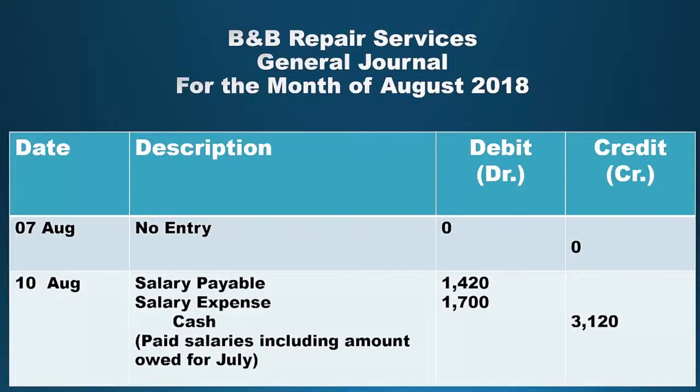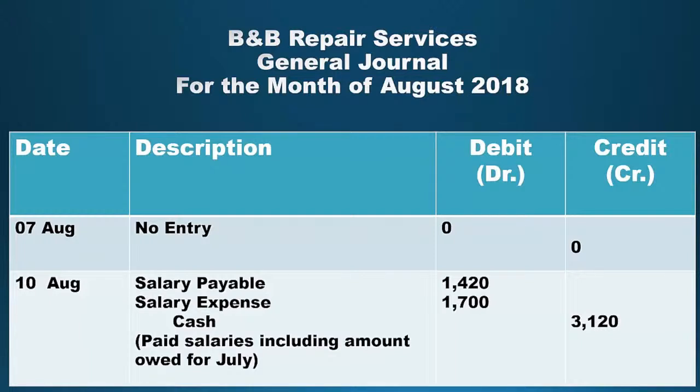The journal entry for this transaction was debit salaries payable, $1,420, debit salaries expense, $1,700, credit cash, $3,120. This tells us we need to post to 3 ledgers: salaries payable, salaries expense, and cash.